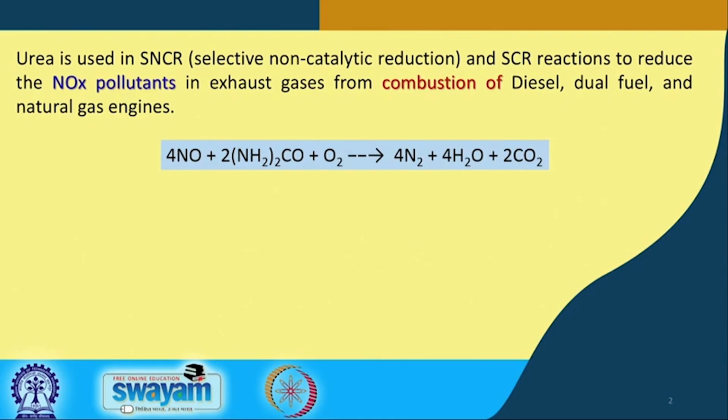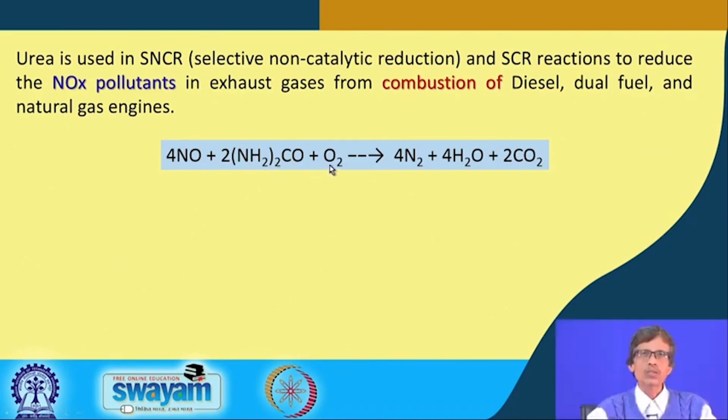The nitric oxide, where the nitrogen oxidation state is +2, reacts with urea, which is (NH2)2CO, in presence of oxygen in the burning process, giving nitrogen, water and carbon dioxide.